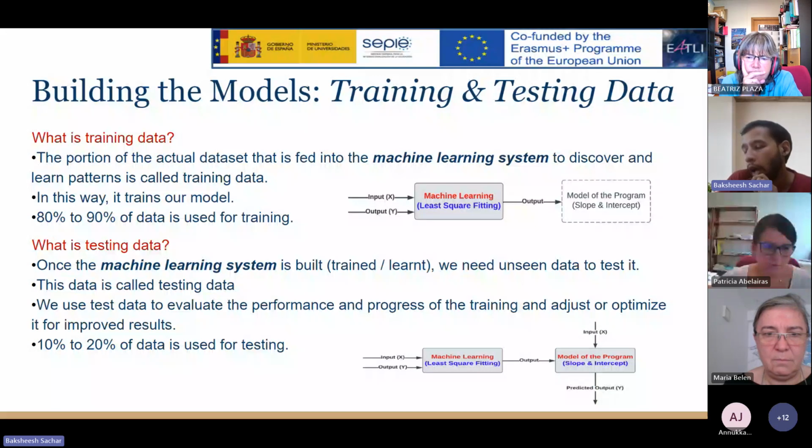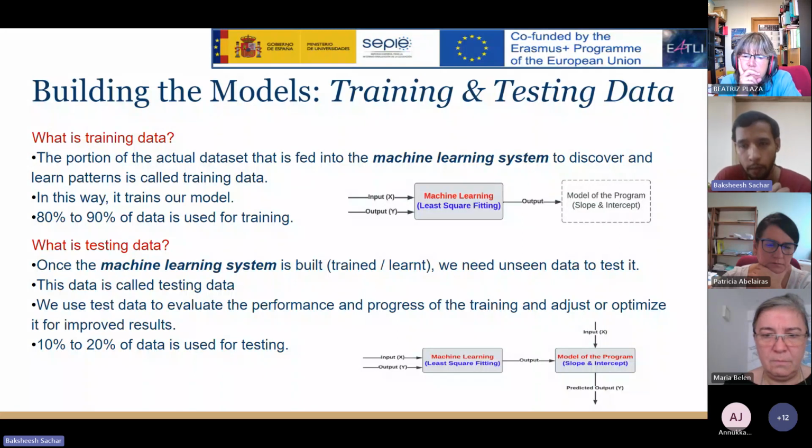Has anybody experienced that when we click photographs on our camera, automatically the camera is able to identify a face, and it shows us that there is a face here, and it recognizes it and tries to focus on it? The reason why it is able to do that is because the program of the camera or the mobile has been trained on a data set of faces thousands and millions of times, so that it knows what a human face looks like.